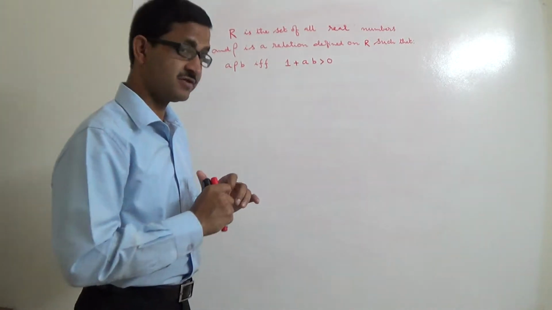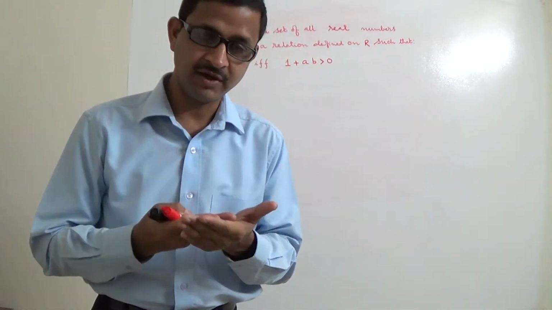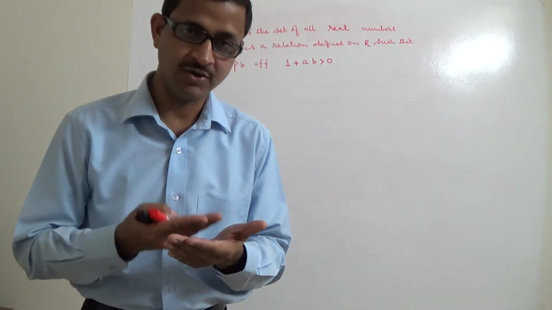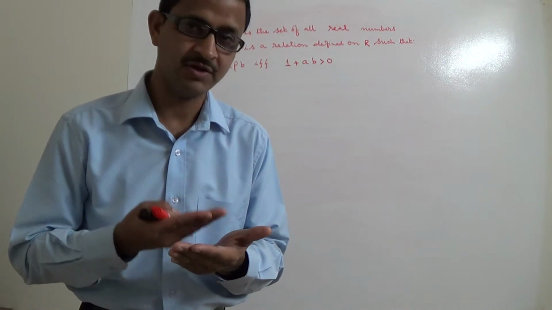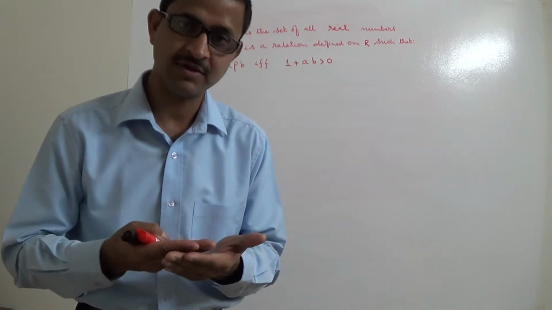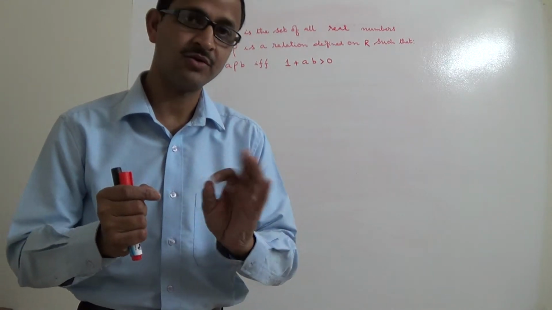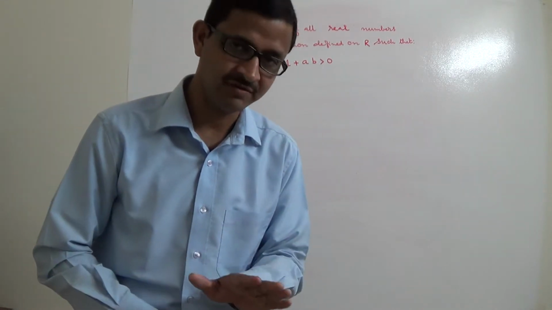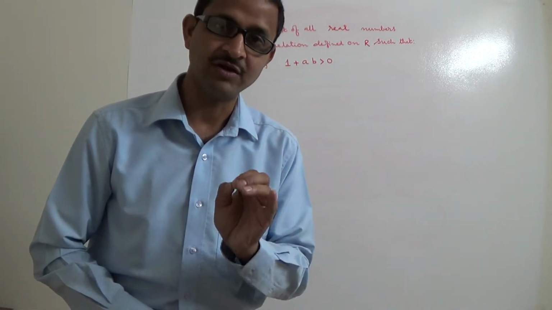To prove an equivalence relation, we need to prove whether it is reflexive, symmetric and transitive or not. If any one of these things is not true, then we can straight away say that no, this relation is not an equivalence relation.